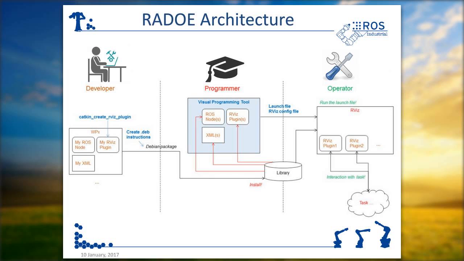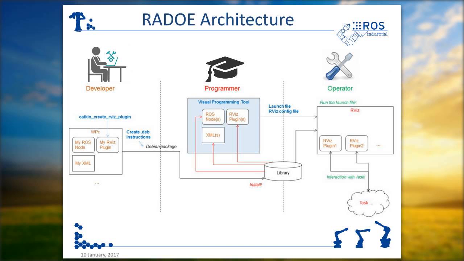This figure shows a general look of what I have mentioned. In general, different work packages will develop packages which can be launched as a plugin in RVIZ. We also have different function tools, for example, what I have mentioned about the visual programming tool, the natural language interface tool, the calibration tool, or the 3D sensing tool.